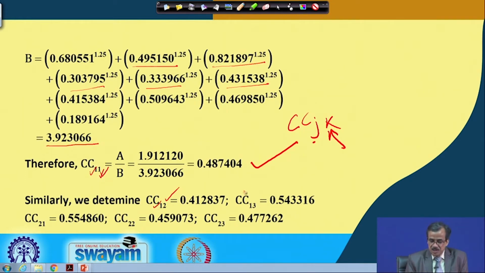Then comes CC13, that is the third dimension of the first cluster center, and that is 0.543316. And similarly, we can find out CC21, the first dimension of the second cluster center, CC22, the second dimension of the second cluster center, that is 0.459073, and by following the same procedure I can also find out CC23, the third dimension of the second cluster center.